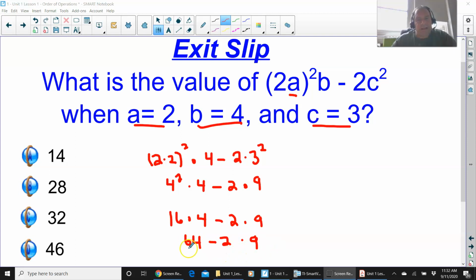So now I have subtraction and multiplication in that same problem. So I have to do multiplication first because it's not multiplication and division. Remember, it's not left to right. It's not addition and subtraction. It's subtraction and multiplication. So I'm going to put 18 here.